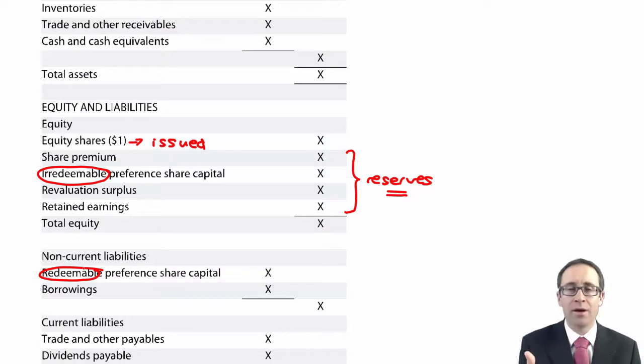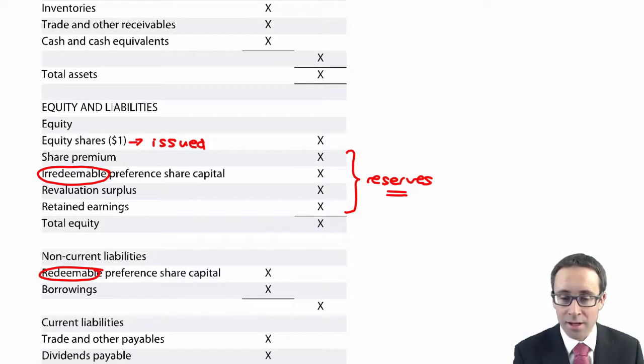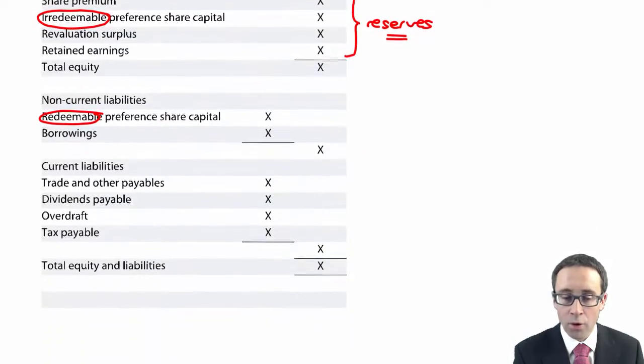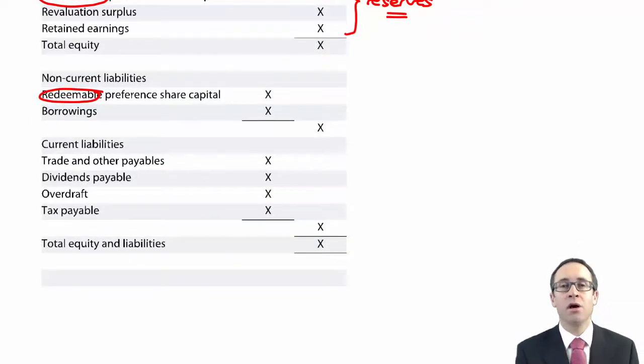I really like talking about the irredeemable and redeemable aspects, just to tie it back into the framework that we looked at in the previous chapter. Other than that, all the balances that you see in the categories of assets and liabilities are required to be disclosed on the face of the statement of financial position.